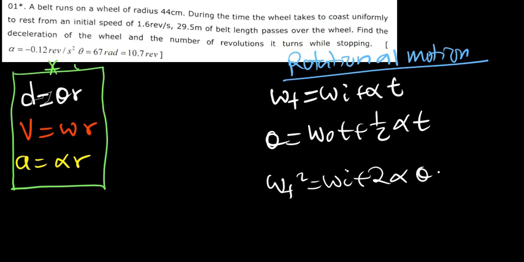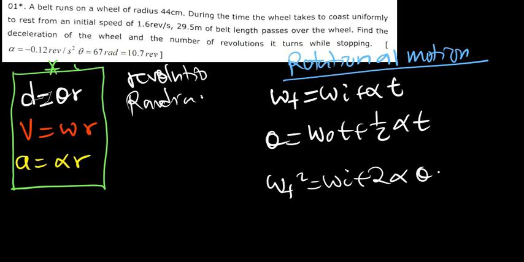Okay, so for example, from what I've given you here, it is very important also for us to understand when we're talking about angular velocity. So there is what we call revolution, radian.